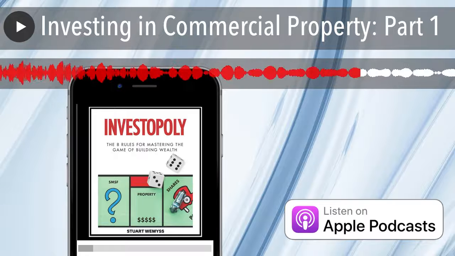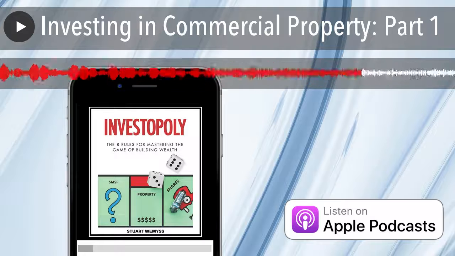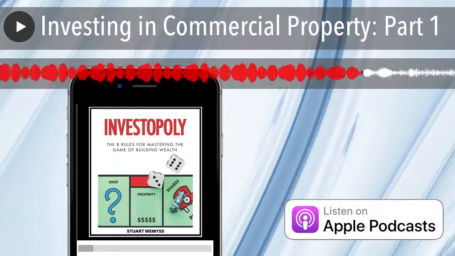And secondly, where the investor can improve the rental income stream, or in fact make the rental income stream less risky.